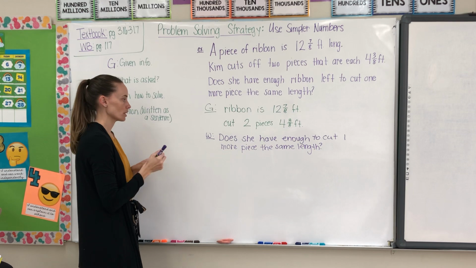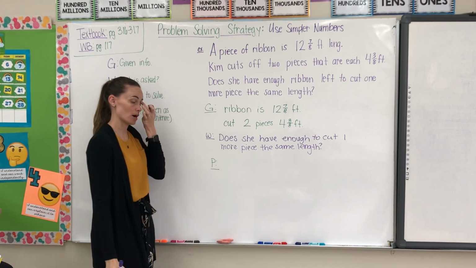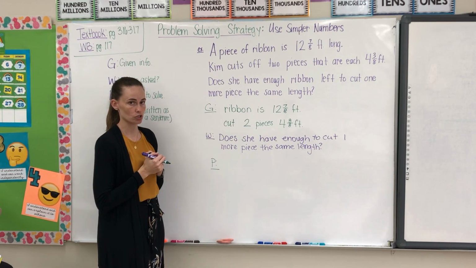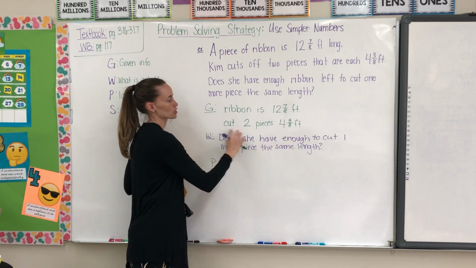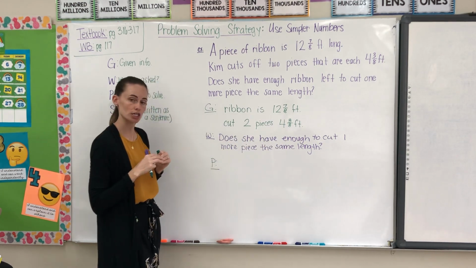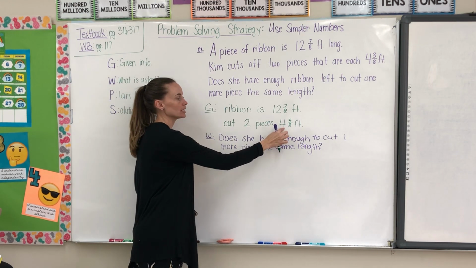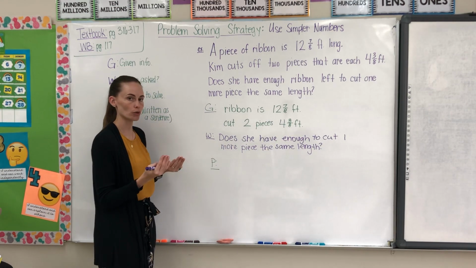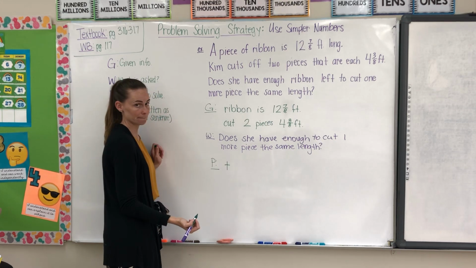Okay? So now that we know what they're asking, how can we solve this problem? Well, the whole strategy is to use simpler numbers. So what would that be? That would mean that we would need to figure out first how much the total she cuts is. So if she has two pieces that are each 4 3/8 feet, we have to find the total of that, which would be adding, right?